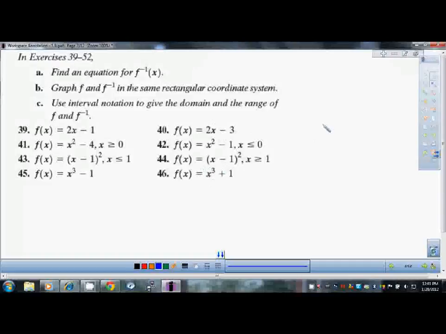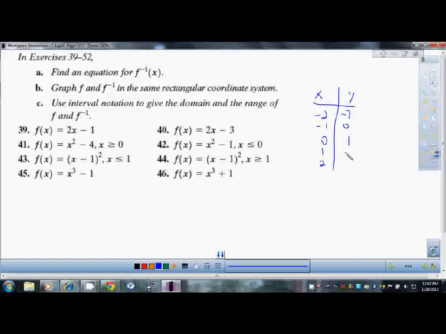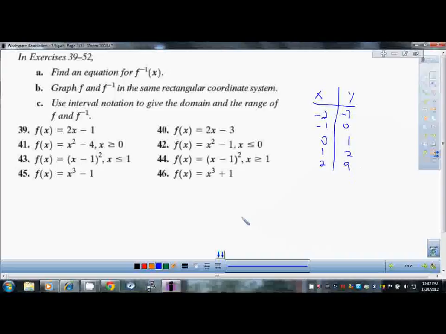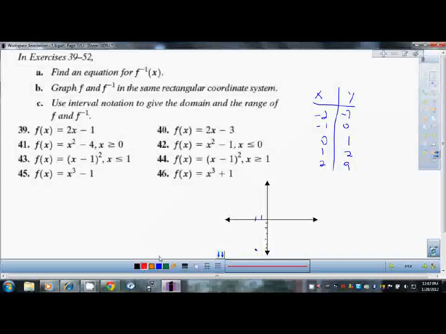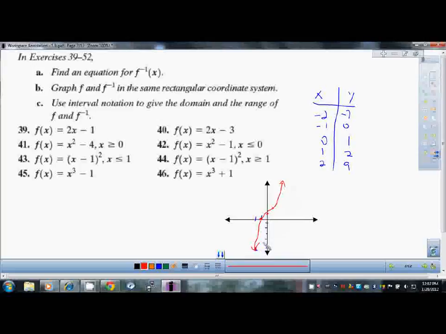Let's graph x cubed plus 1. It should look something like that when you're done with it.